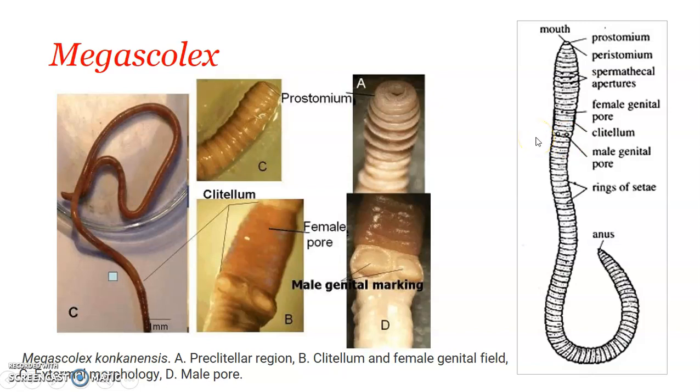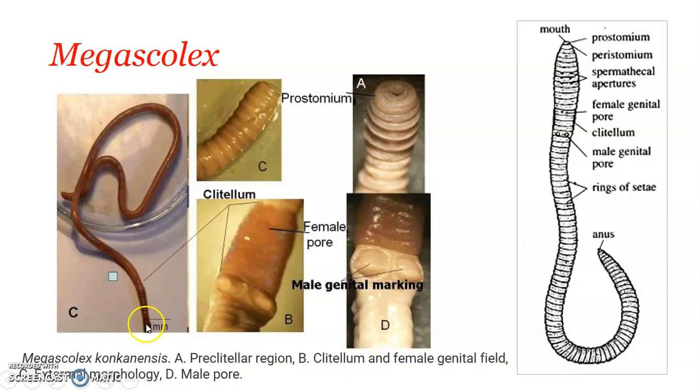Apart from that, on each segment you can find nephridiopores, very minute openings meant for excretion. So these are the openings associated with the body of Megascolex, a genus of earthworm commonly found in South India. The example shown here is Megascolex concanensis. This is the whole entire body.